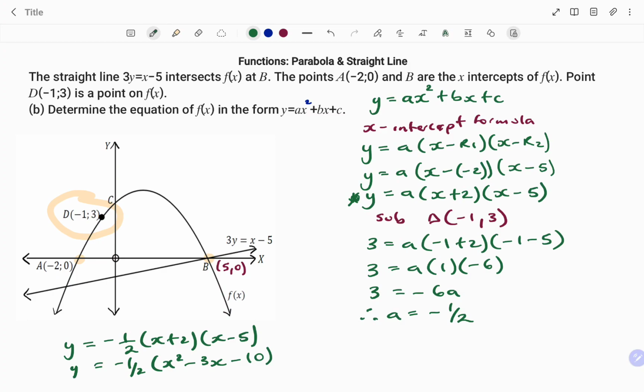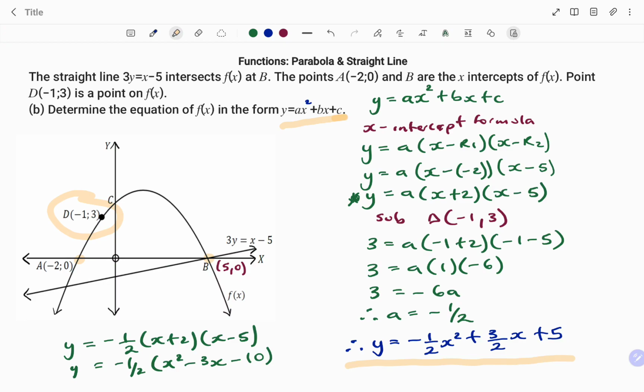That's y, and therefore the final equation will be y equals. I'm going to use my minus 1 over 2 to multiply all the content of the bracket. So that will be minus 1 over 2 x squared plus minus 1 over 2 times minus 3, that will be plus 3 over 2 x, plus 5. So I've been able to write the equation in the format given.